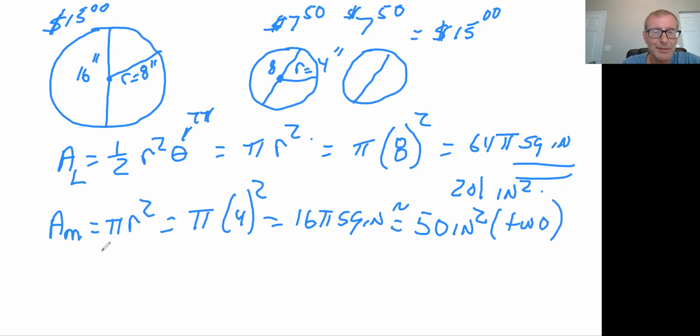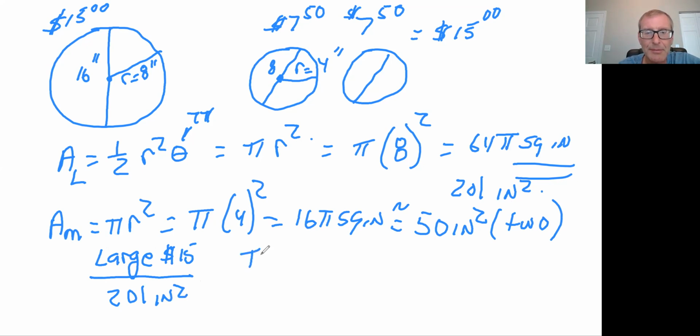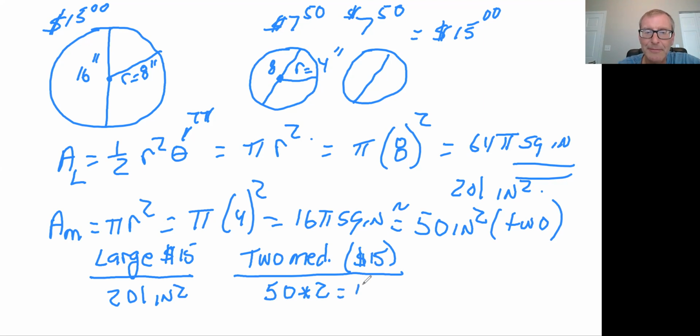So if you take a look at this, the large for 15 bucks, you have 201 square inches, and 2 mediums for 15 bucks, you have 50 times 2, where you only have 100 square inches.